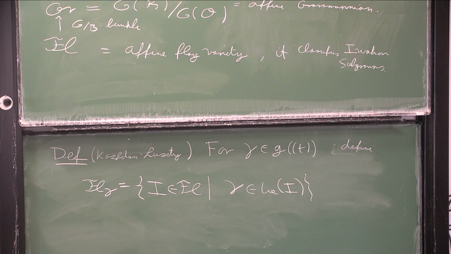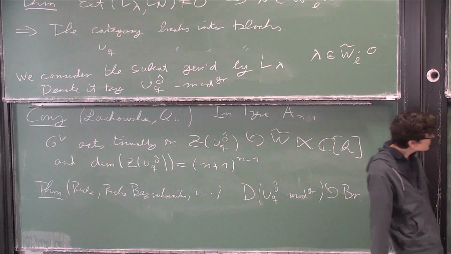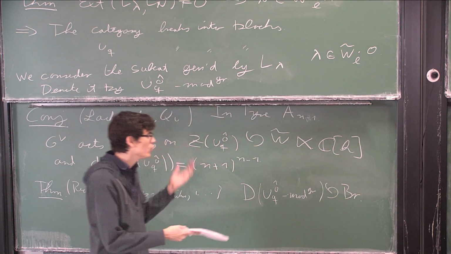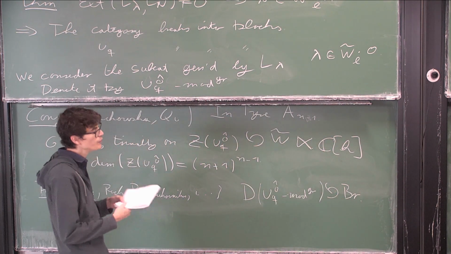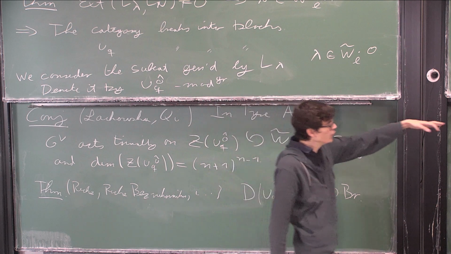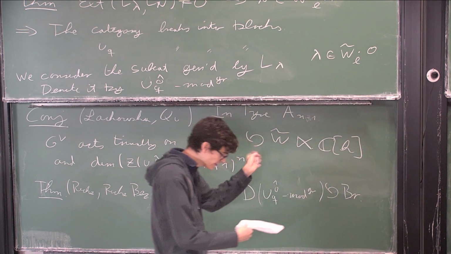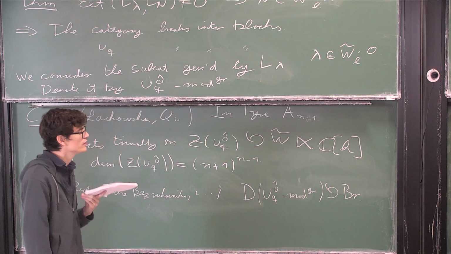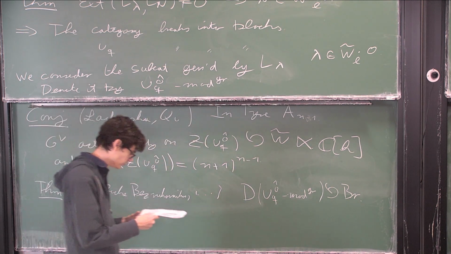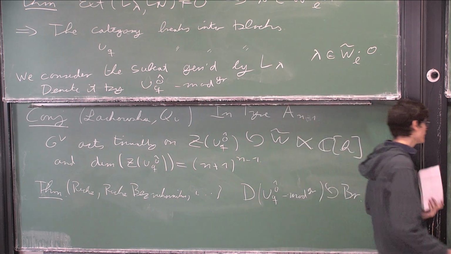This is particularly interesting when gamma is regular semi-simple. This is going to be some finite dimensional object, and we're going to study this.